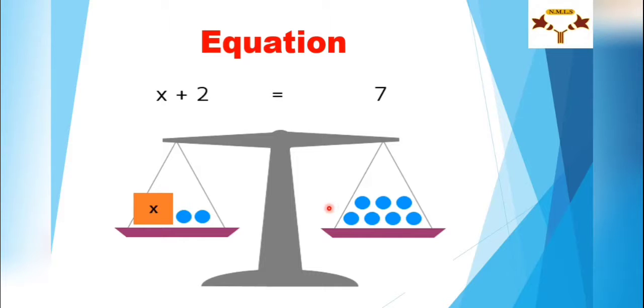So the goal in this method is to isolate the unknown or the variable alone, or the x alone, in one side of the equation, and the constants or the numbers in the other side of the equation. So I want to make the x stand here alone and push all the constants to the other side.